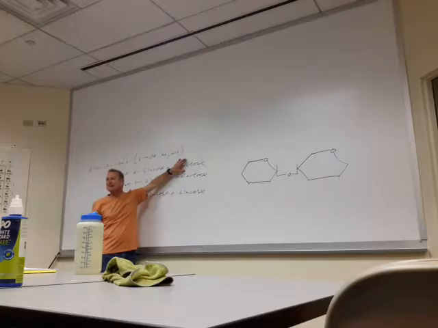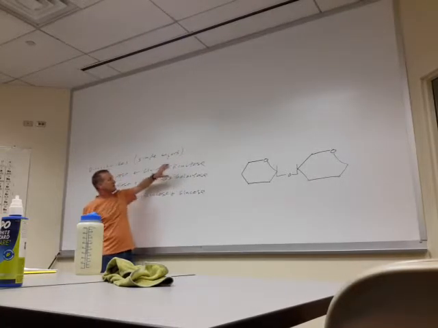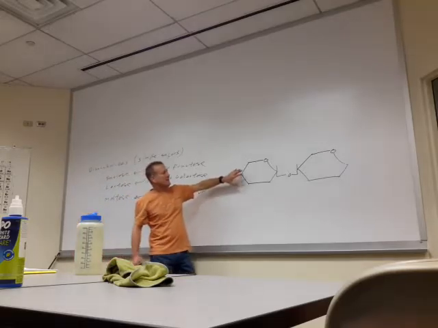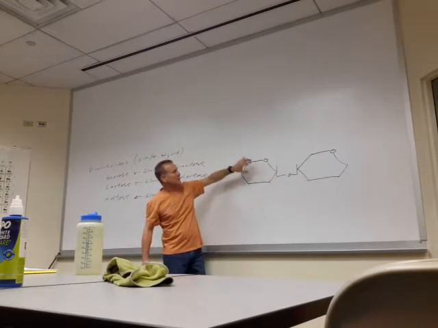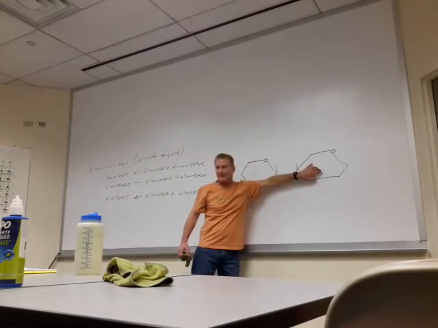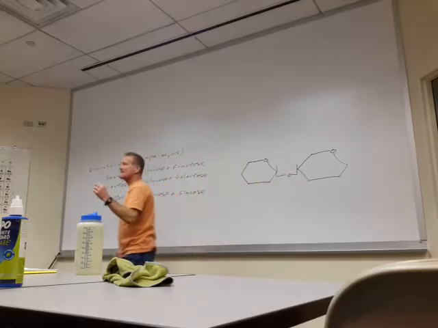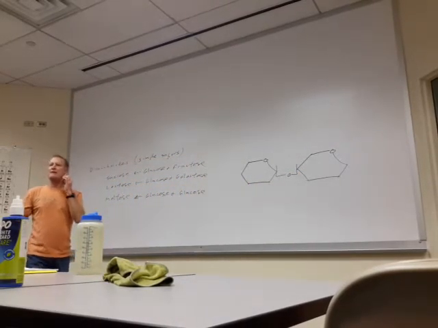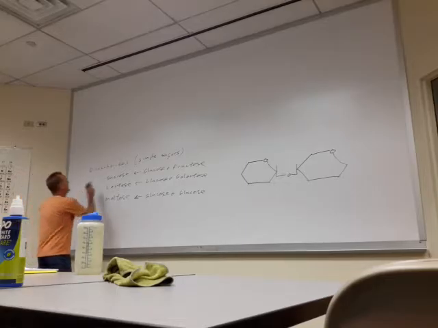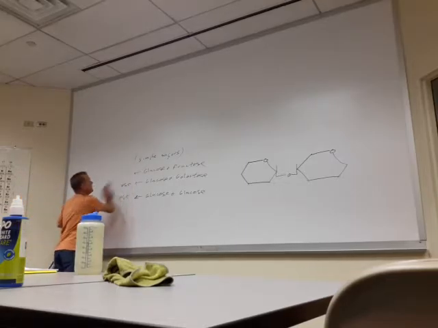Fructose is a hex ketose. A hex ketose has pentagon geometry. So sucrose, we would need to have a molecule that had one hexagon and one pentagon. Generic stuff, guys. That's all we're doing. Very, very generic stuff.